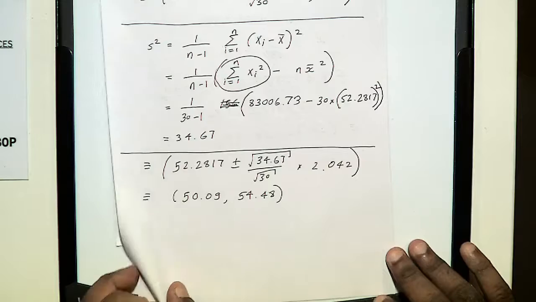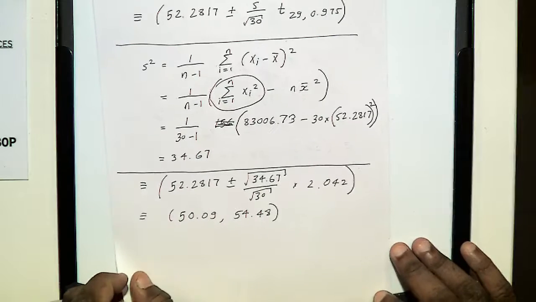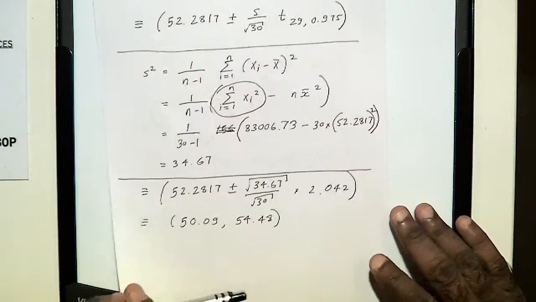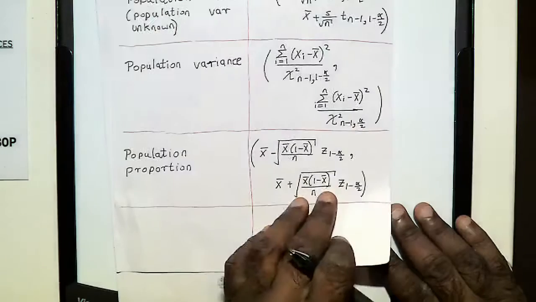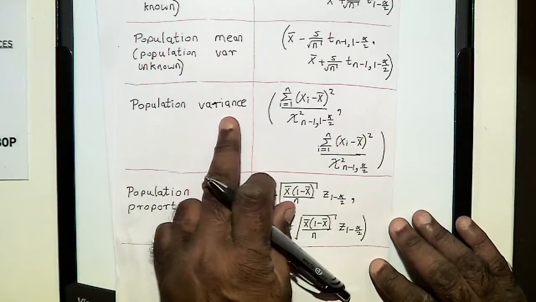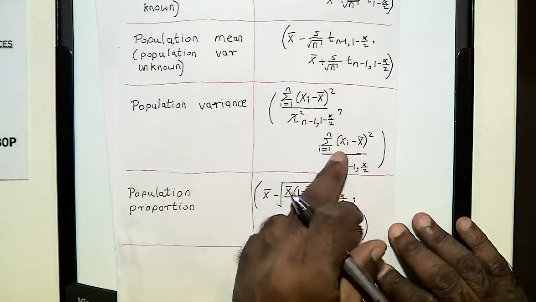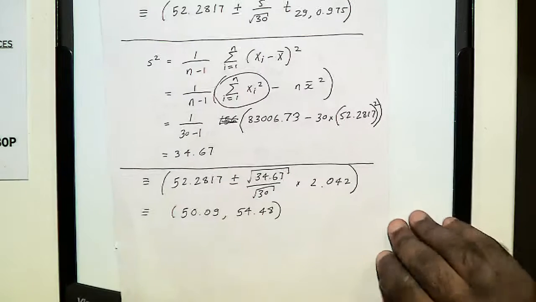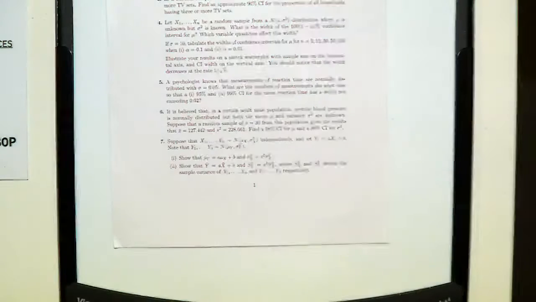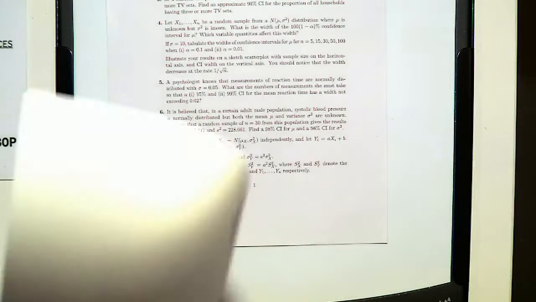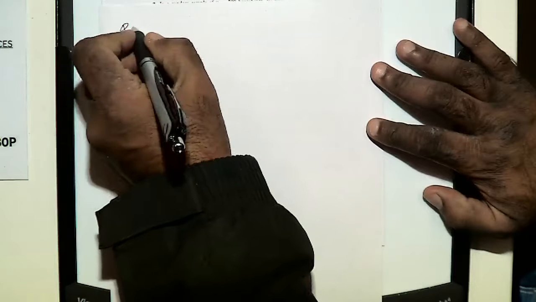All right. So that's the confidence interval for mu, and now the confidence interval for sigma squared. Let's go back to the formula sheet. The formula sheet says the confidence interval for the variance is given by this expression here, right? Okay. So let's go here on the paper. So this is question 2, still part 2.